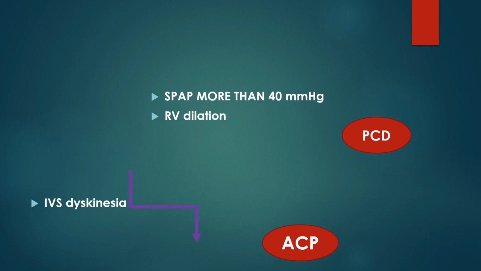So the difference between pulmonary circulation dysfunction and acute cor pulmonale is presence of dyskinesia of the interventricular septum, i.e. presence of a very significant afterload problem for the RV to make the septum move paradoxically, which is reversible and high.